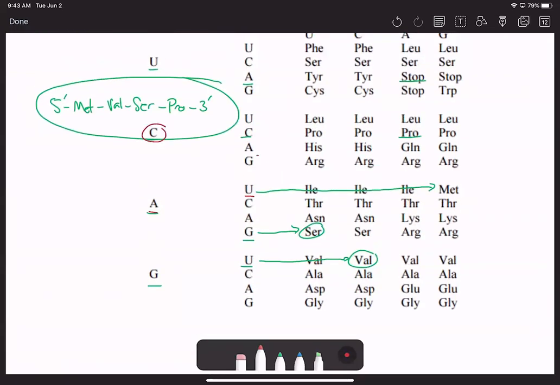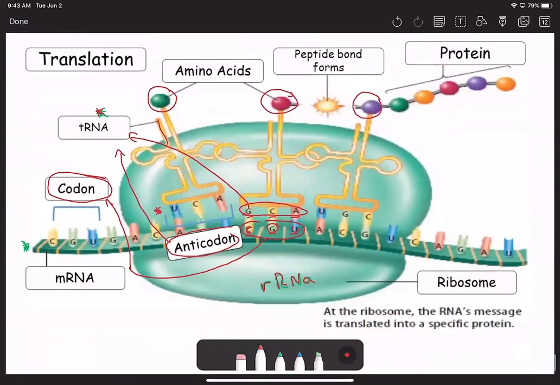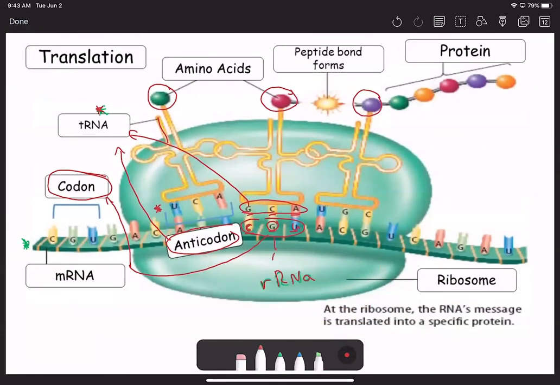C, G, U: arginine. So this codon is for arginine, and the transfer RNA is bringing that specific amino acid. This is the arginine codon, and this is the arginine amino acid.